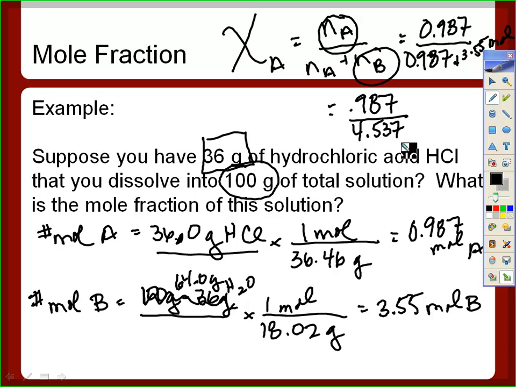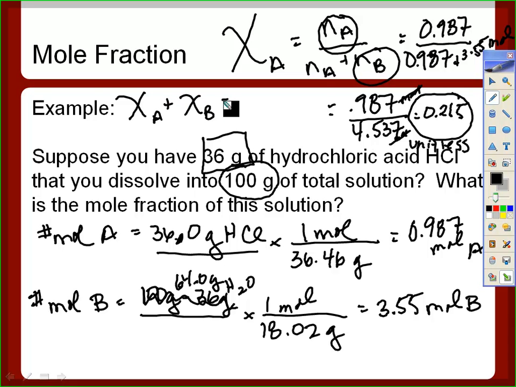And 0.987 divided by 4.537 is equal to 0.21, and I guess my third sig fig is going to be a 5. And that is a unitless number, because we got moles on the top, moles on the bottom, so moles divided by moles would cancel. So that's a unitless number, 0.215. So that's my mole fraction of A.